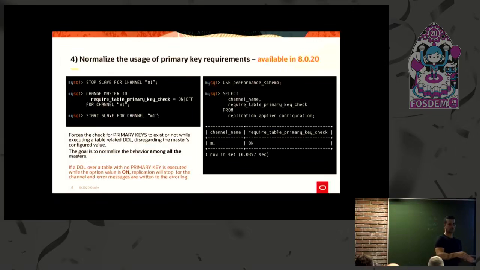If we set it to 1, the slave just disregards what comes from the master and will always check for primary keys. If it's off, the opposite behavior: the slave will just disregard what comes from the master and will not check. If we are trying to protect our slave, we should always put it on all channels to one value or the other.